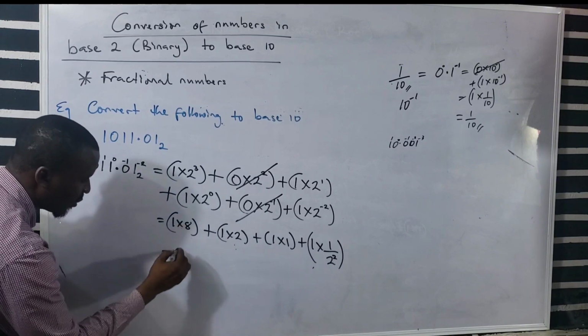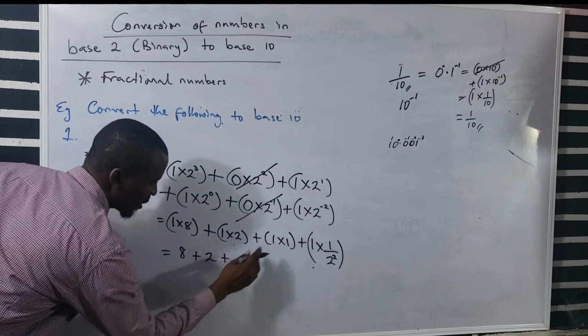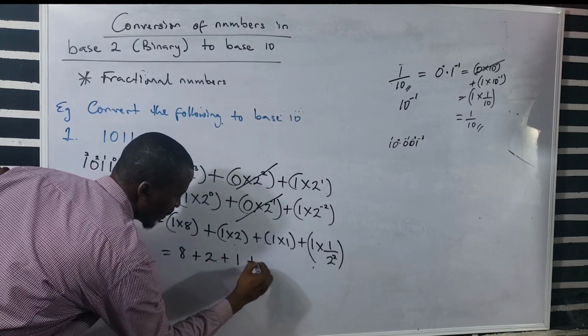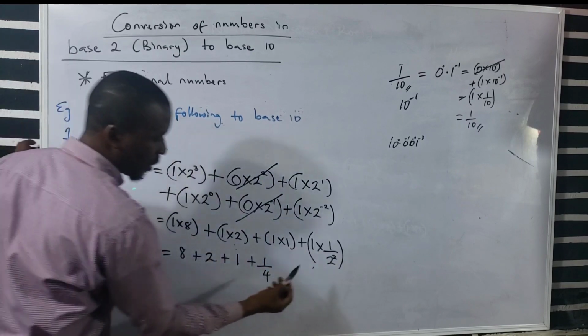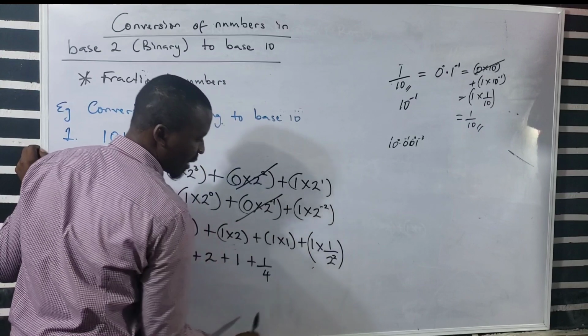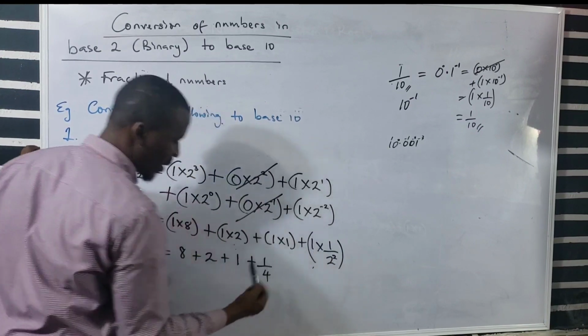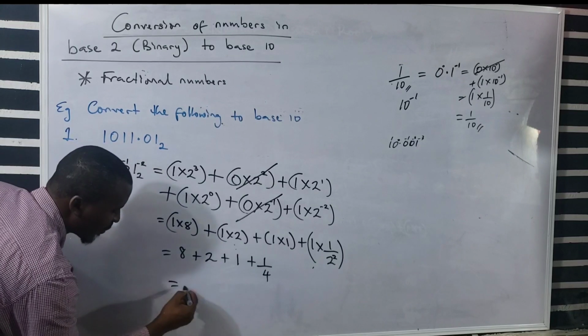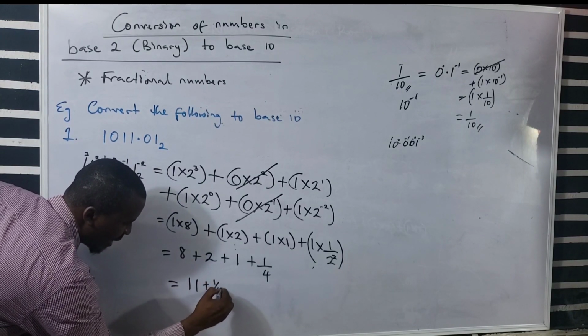So this will give you 8 plus 2 plus 1 plus 1 over 4, because 2 raised to power 2 is 4, and 1 over 4 times 1 will give you 1 over 4. So you can have your answer as 11 plus 1 over 4.